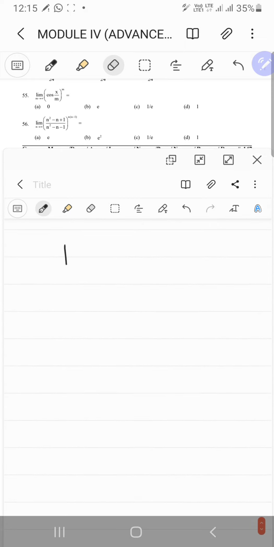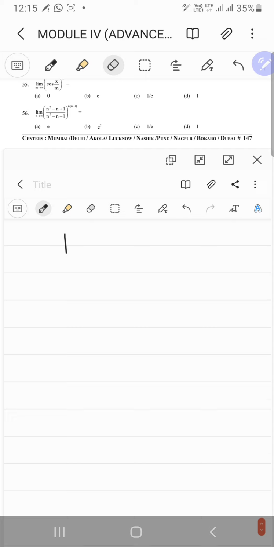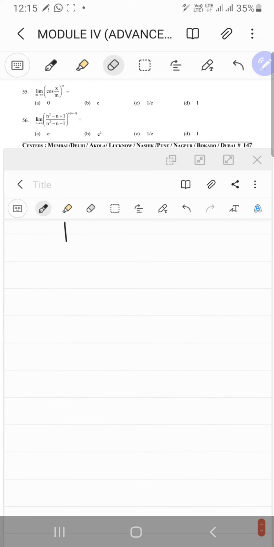Next question is: limit as m approaches infinity of cosine of x upon m, to the power of m. Why? Just why do they keep giving us these weird things? Now what should we do? M approaches infinity, so x upon m is just 1. More like 1 minus something, and that thing raised to the mth power. Oh god, that's not nice.